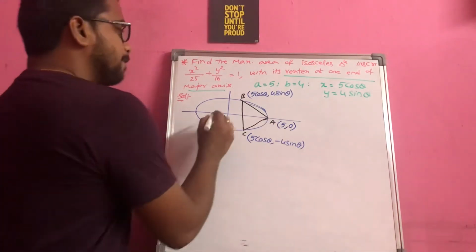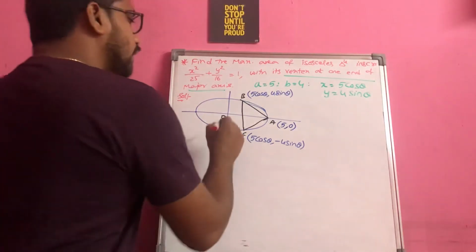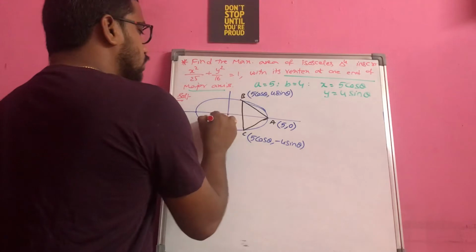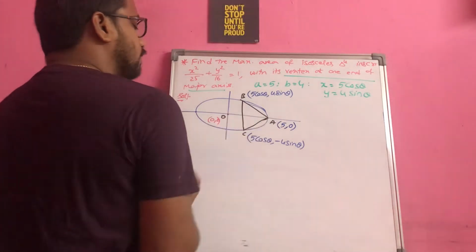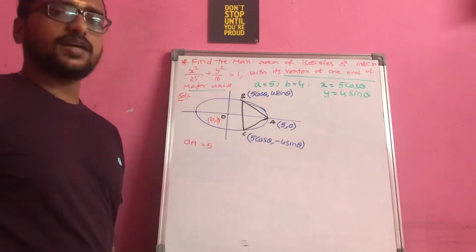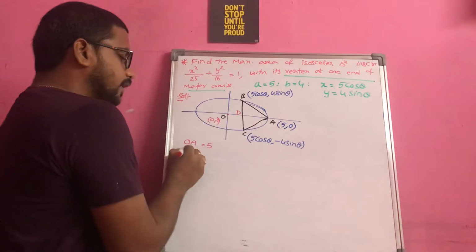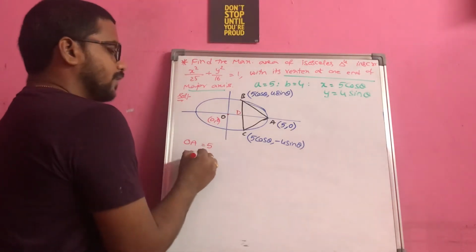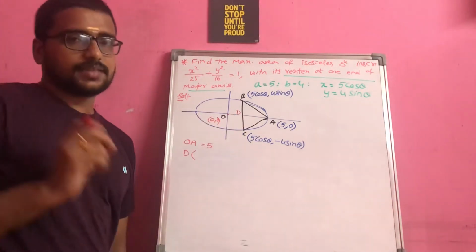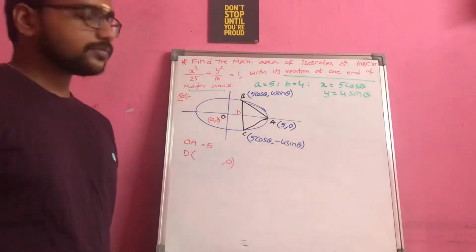Now you see, we learned in class 11 that the length OA, from O (0, 0) to A (5, 0), is 5 units, correct? So if I place a point D here, D is a point on the x-axis, which means for sure the y value should be 0.